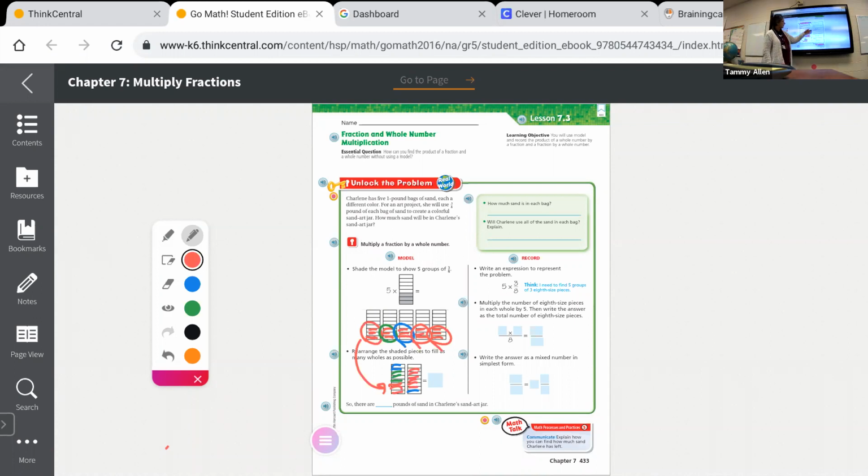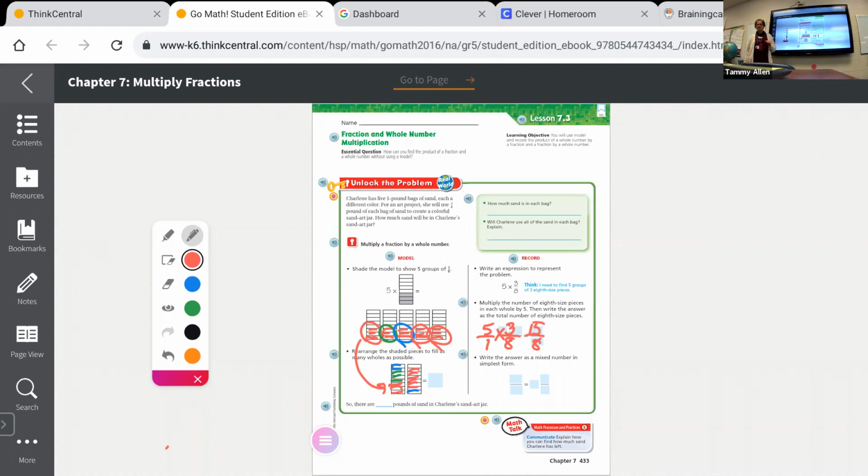So here, for 5 times 3/8, they're saying you multiply the eighth-size pieces each by the whole number 5. Here's where I did 5 over 1 times 3/8, which would equal 15/8. Does that make sense?